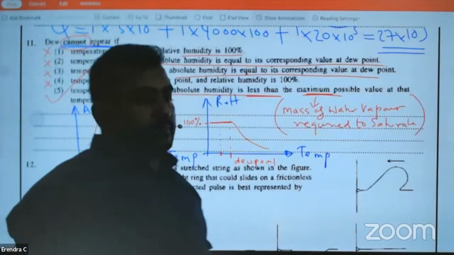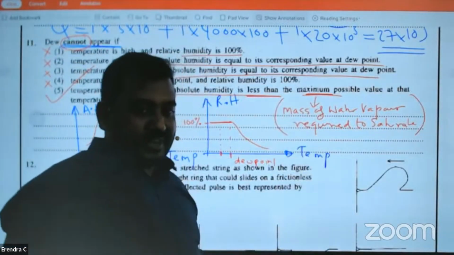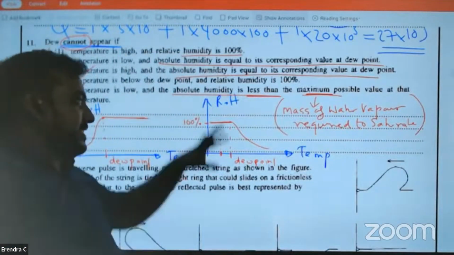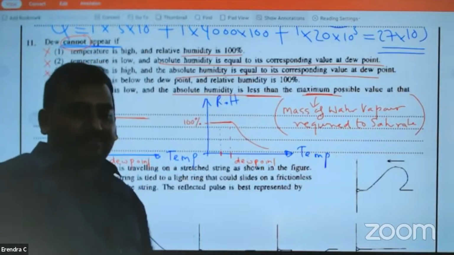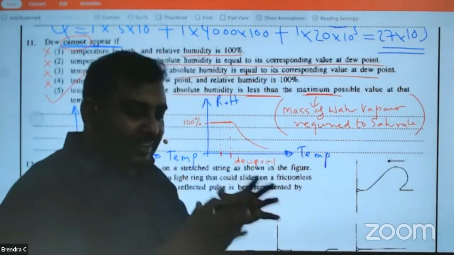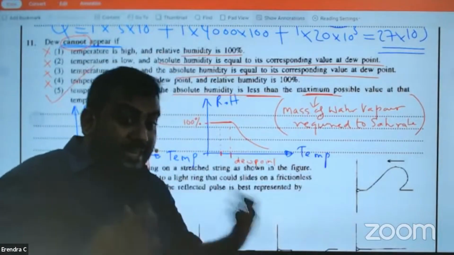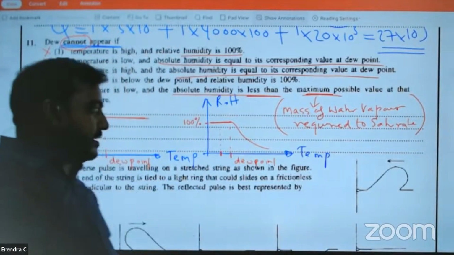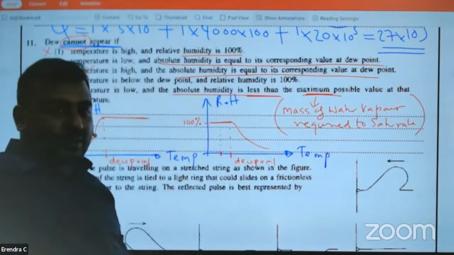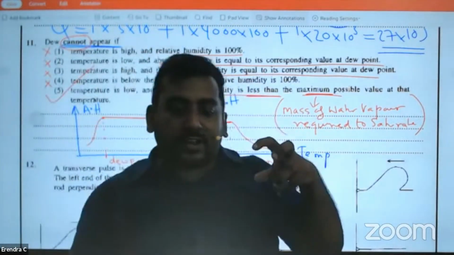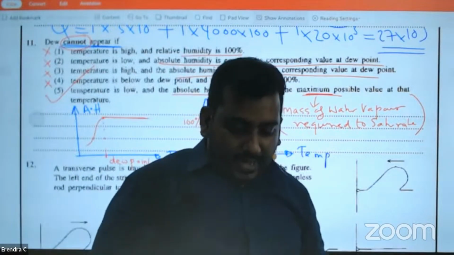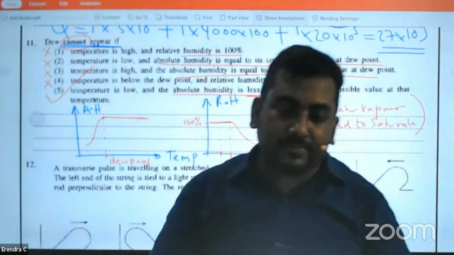Okay, perfect. It's a very simple, interesting section. It's very in-depth, very practical, very important for your life. These two curves, don't forget. Saturation or dew will occur. Early morning when you walk on the grass, there is water.